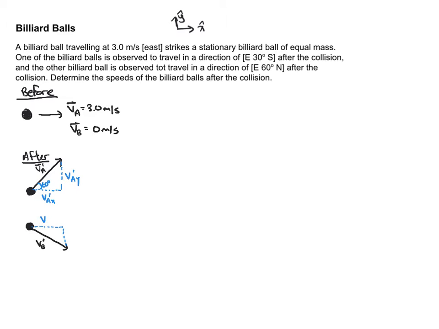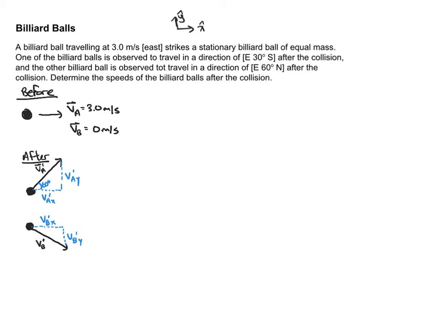So I'll have a VB prime in the x direction and a VB prime in the y direction. Okay, so what's going to happen is momentum is going to be conserved, and it's going to be conserved in both directions.